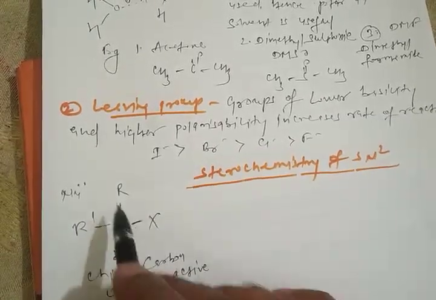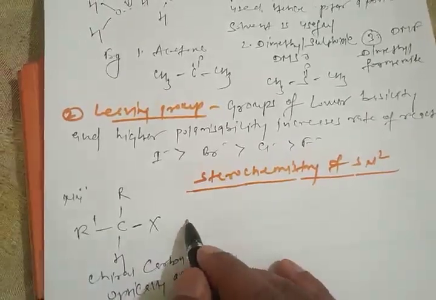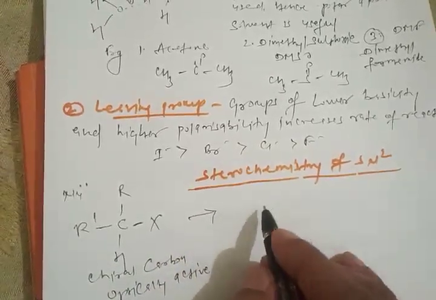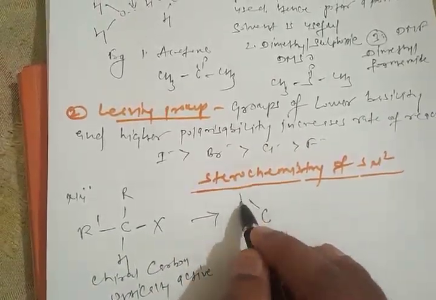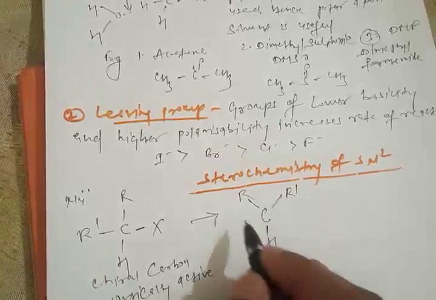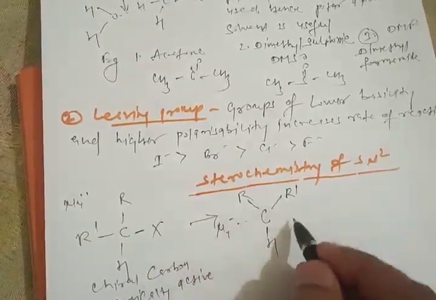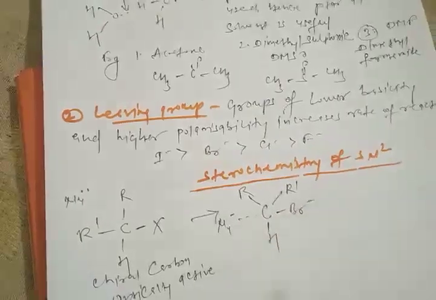If it is optically active, what happens? We have a carbon, then R, R dash, and H also, and from this side the nucleophile is attacking, and from this side the halide is leaving.